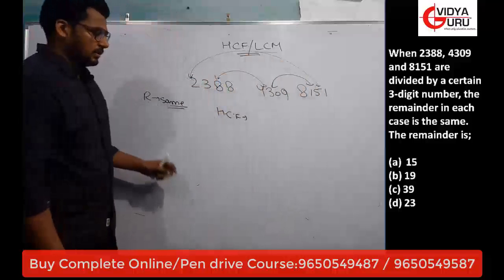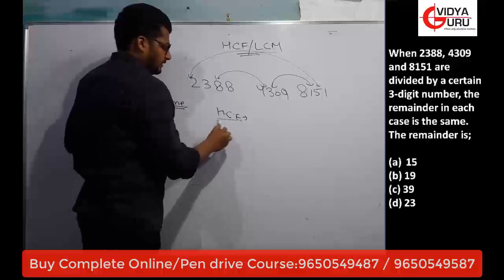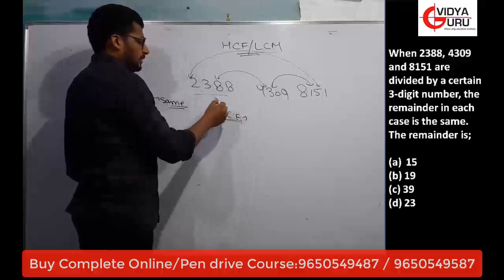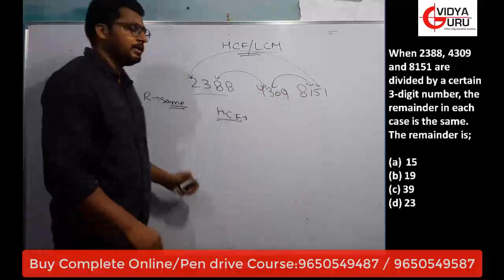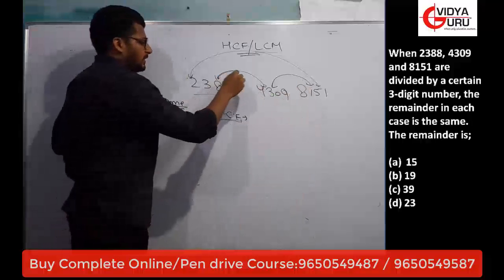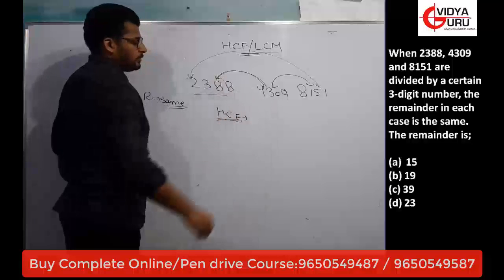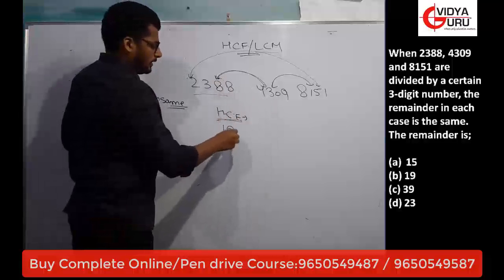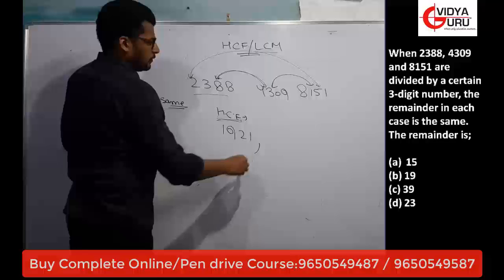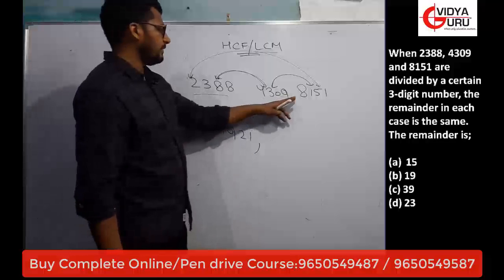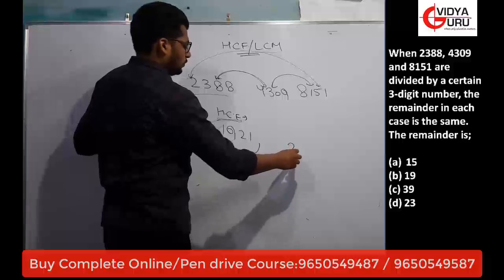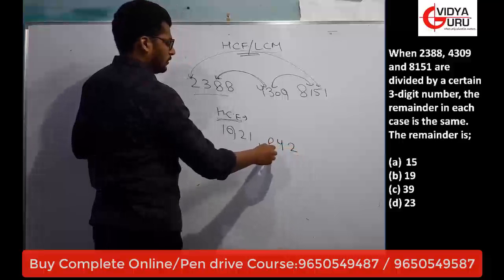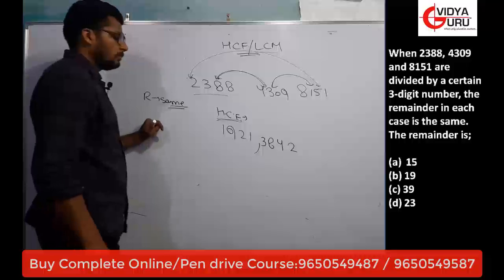The HCF of those numbers will be the number which when dividing these numbers will leave the same remainder in each case. So what is the difference of 2388 and 4309? 1921. What is the difference of 8151 and 4309? It will be equal to 3842.